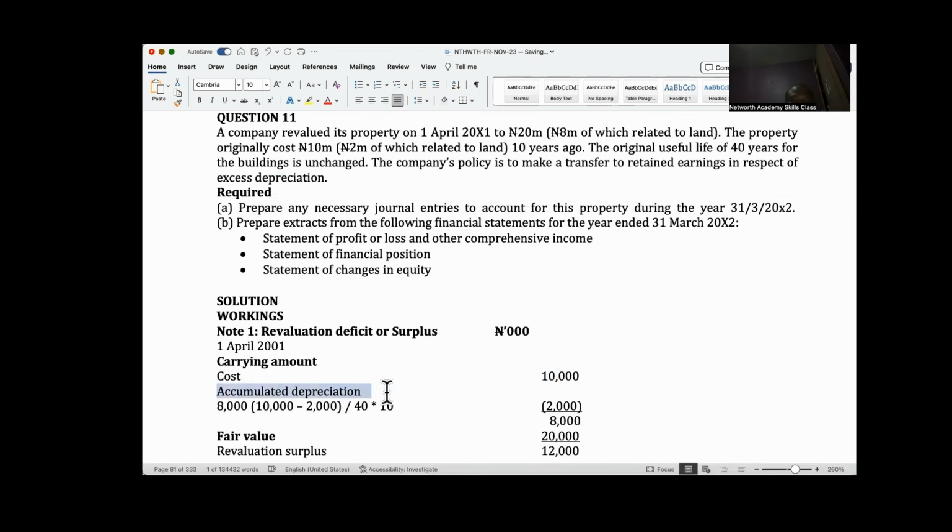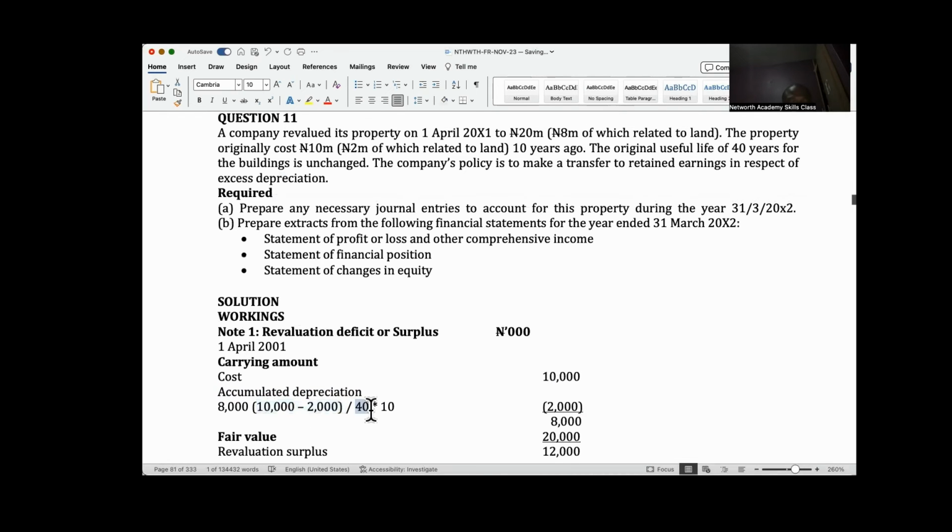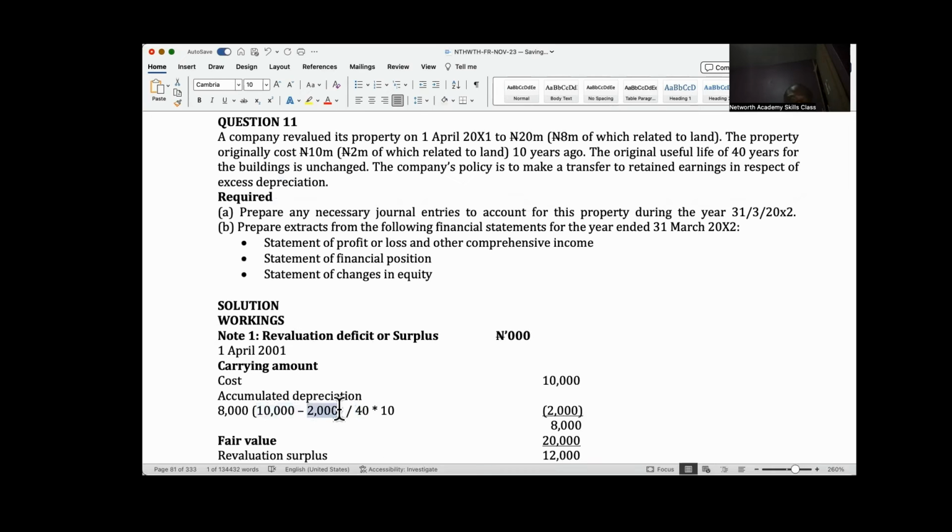Then my accumulated depreciation is my cost over the useful life. I had to remove this 2,000 because land is not depreciated. Out of this 10 million, 2 million relates to land, which is not depreciated. So I removed it and divided by the useful life, which is 40 years.